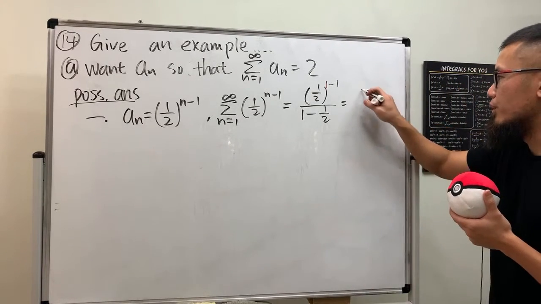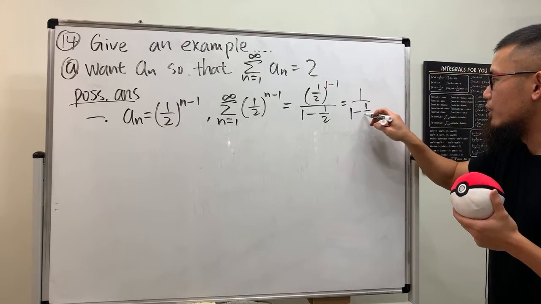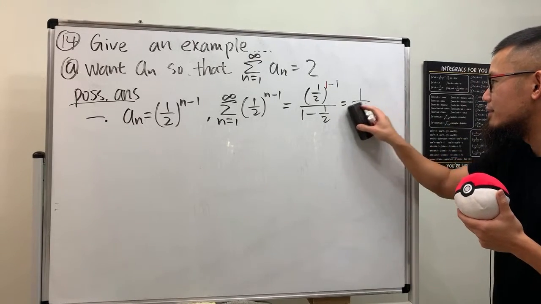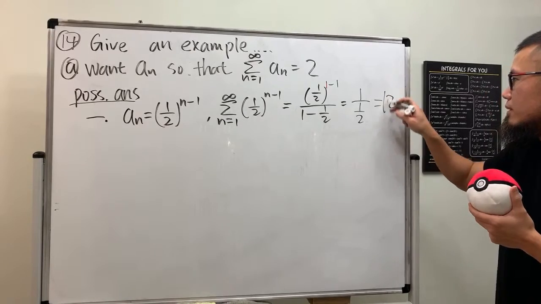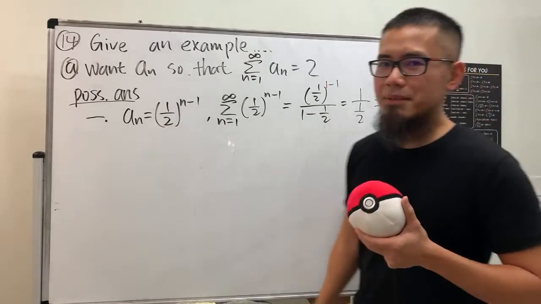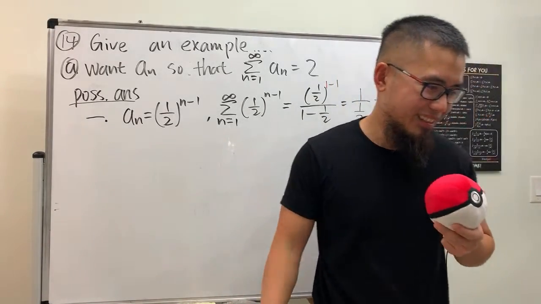You guys know it's 2 already, but I just want to write down all the steps. Anyway, it's 2. About 90% of you guys told me this is the answer.